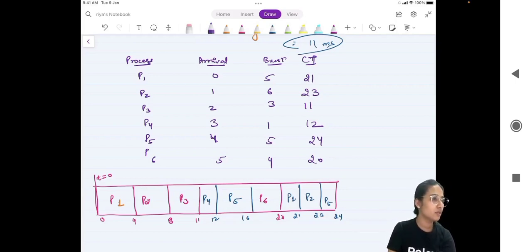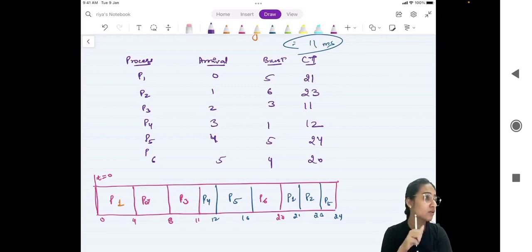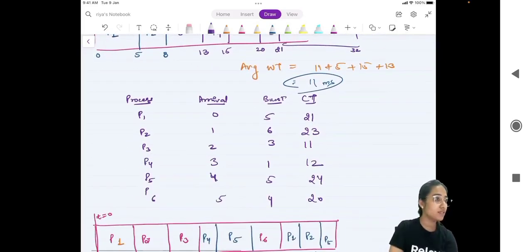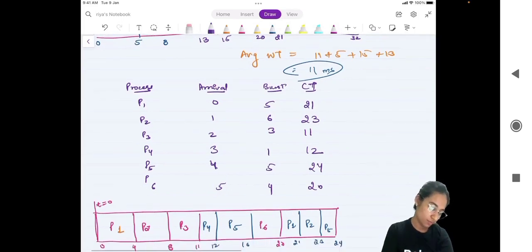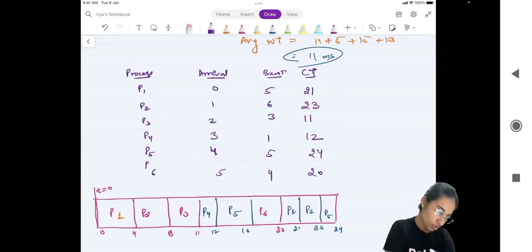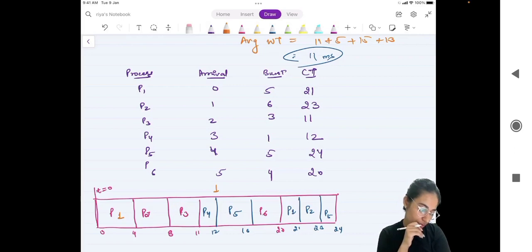Let's see for P5. We have 5 processes or 6 processes. So we have 4, 8, 12. And if we look at the arrival time also, I'm just confirming one thing, that when we had for P4, then we had for P5 as well over here, right?